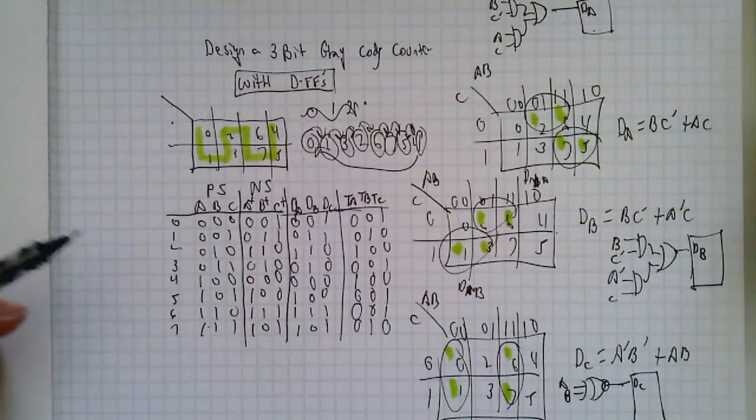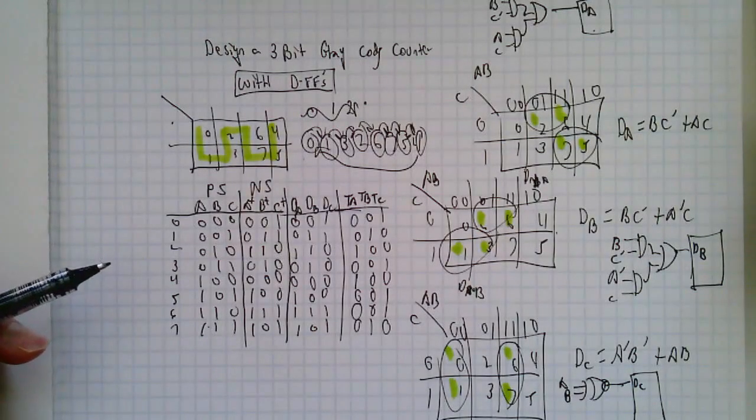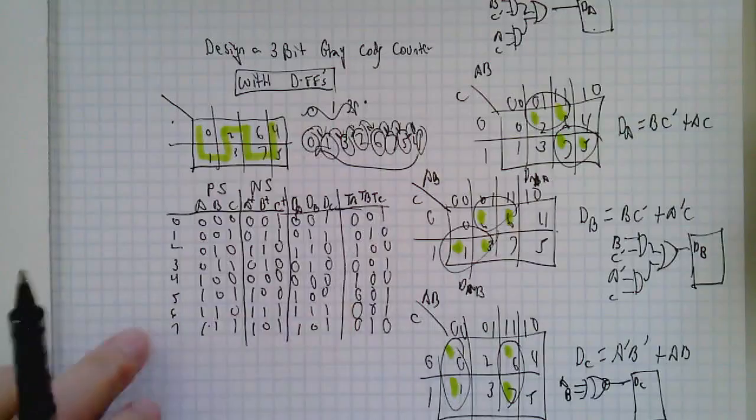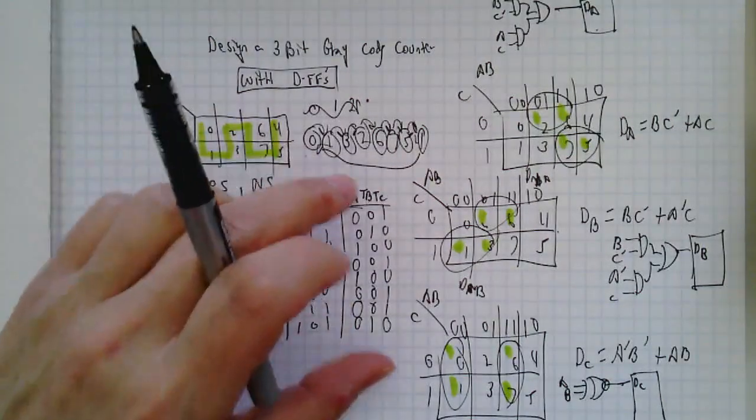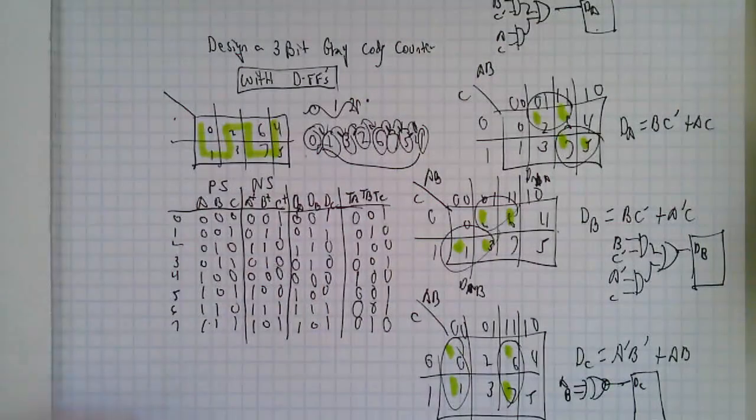Then you have to get the K-maps for the T flip-flop and re-implement it with the T flip-flop to see if it's a better, cheaper way to get your implementation. So then you can compare the two implementations and see which is better, T or D. And you can choose your flip-flop.